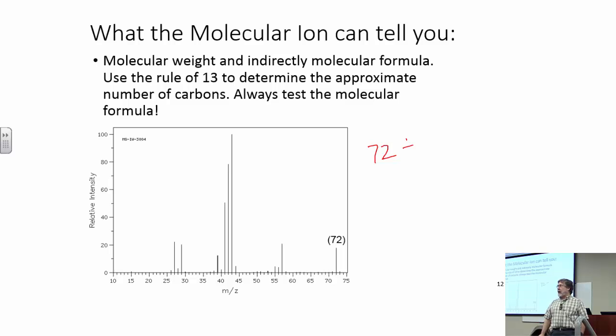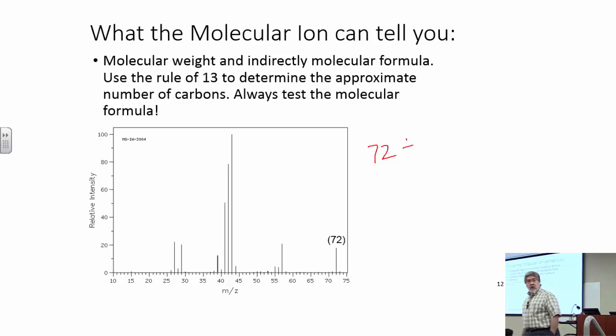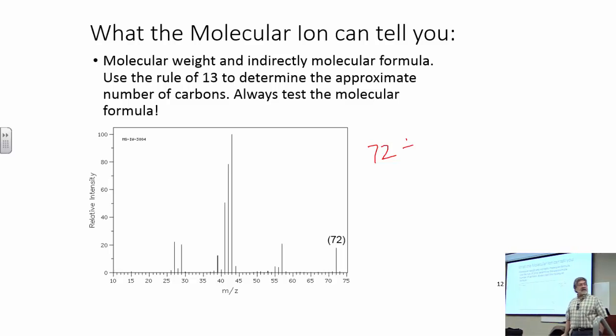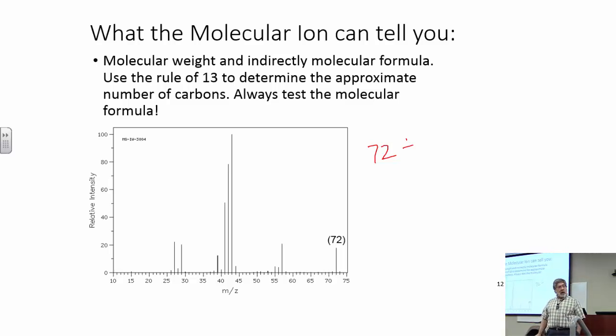What's oxygen weigh? 16. How many carbons and hydrogens add up to 16? 1 carbon and 4 hydrogens. So if I take C5H12, deduct 1 carbon and 4 hydrogens, that gives C4H8, correct? Now I can add in an oxygen. So C4H8O is also a legitimate formula for 72.